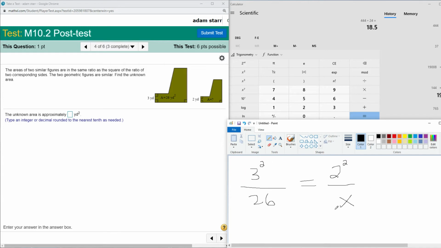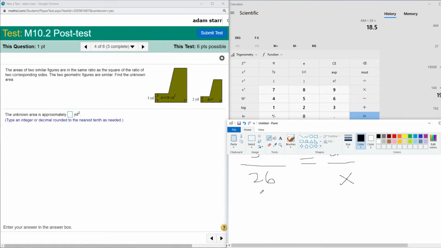So this is the proportion, and again I'm squaring the sides because it says it's the square of the ratio of the two sides. So you have to square the sides in this problem. So if I simplify this a little bit, 3 squared is 9, so this becomes 9 over 26 equals, and 2 squared is 4, 4 over x. So this is our proportion to cross multiply and solve.